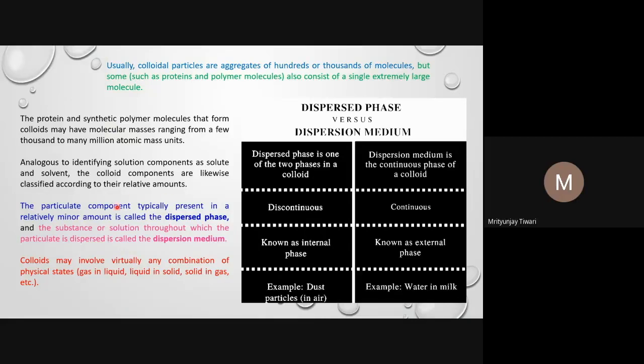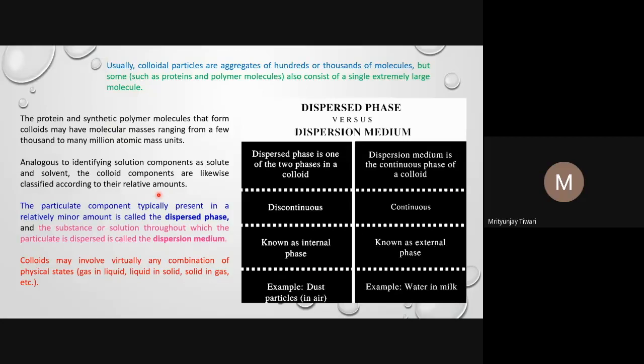So the particulate component, typically present in a relatively minor amount, is called the dispersed phase in a colloid, and the substance throughout which the particulate is dispersed is called the dispersion medium.